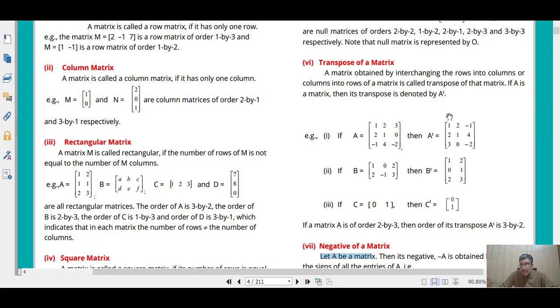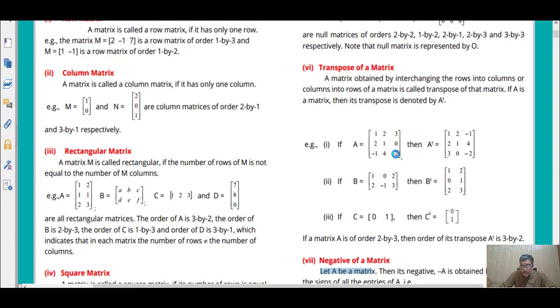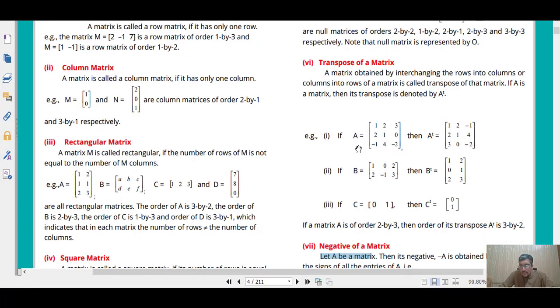For example, if A is a matrix with entries 1, 2, 3, 2, 1, 0, minus 1, 4, minus 2, we change these rows into columns: 1, 2, 3 in row 1 becomes column 1, 2, 1, 0 becomes column 2, and row 3 becomes column 3.